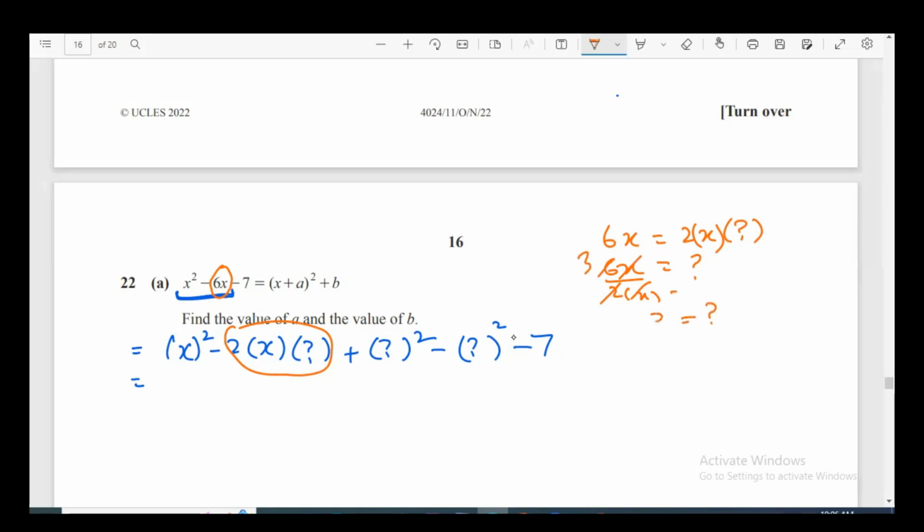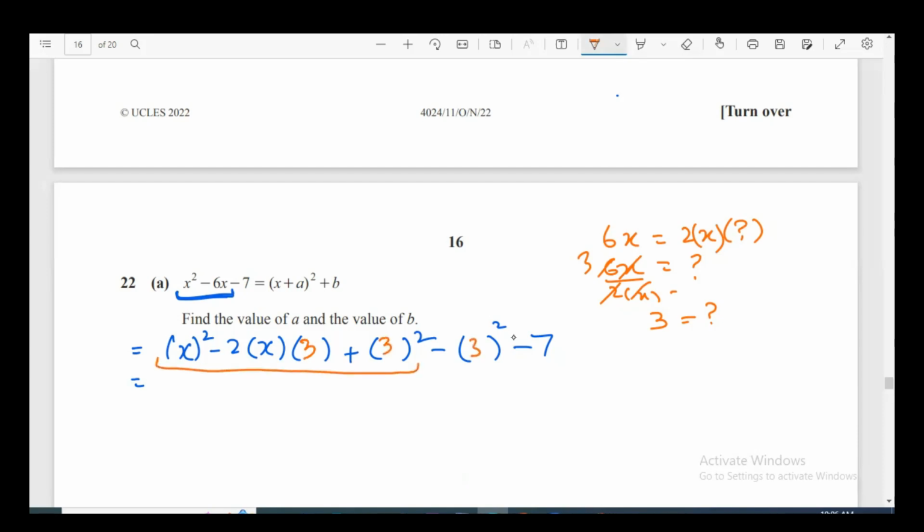The value of question mark is 3 here. So write down the value of question mark, which is 3. So write down 3, 3, and 3.